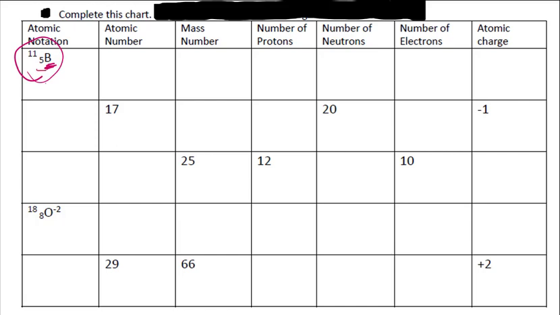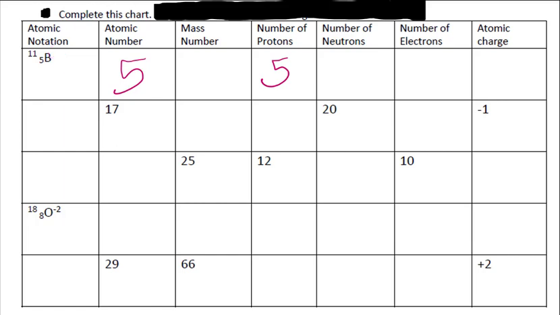If, though, we wanted to double check ourselves, we could look at the periodic table and it would tell me that the atomic number is 5. And we can see that down here, that lower number. So that lower number is the atomic number. That also tells me that it has 5 protons. And because I don't see anything in this top right section as an exponent, that means that there's no charge to it.